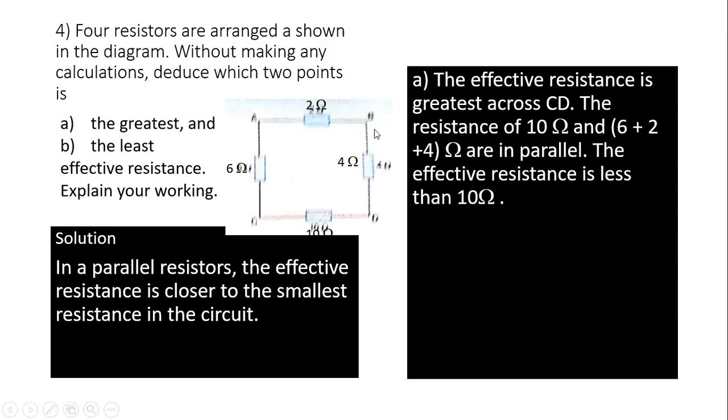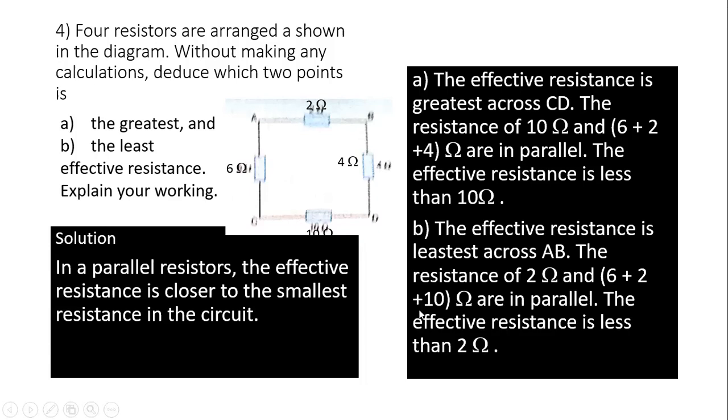Across the 2 ohm, this 3 replace it with an effective resistance. Okay. Yeah. If you want the least, the smallest is 2 ohm. So all these are in series, add them up.